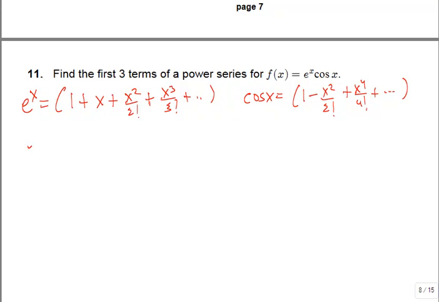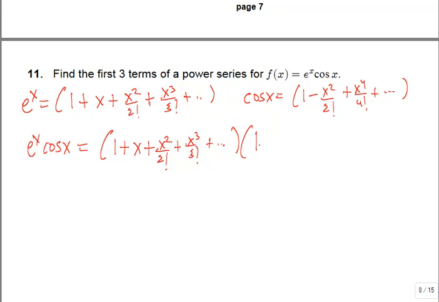So if I want e to the x cosine x, we're going to take this whole power series times cosine's whole power series. Now this would be impossible to do because it's infinite, but we only want the first 3 terms, so we only need to look at what is going to result when we multiply the first few terms by the first few terms.